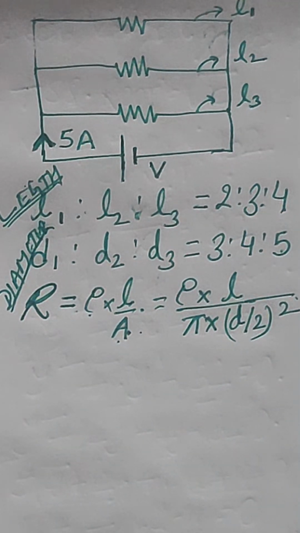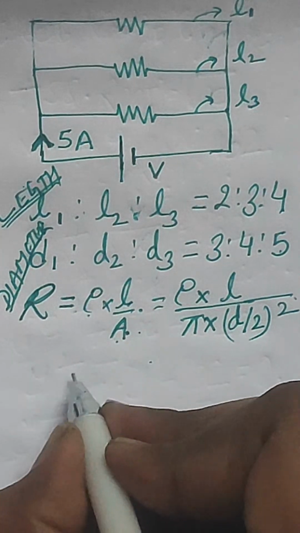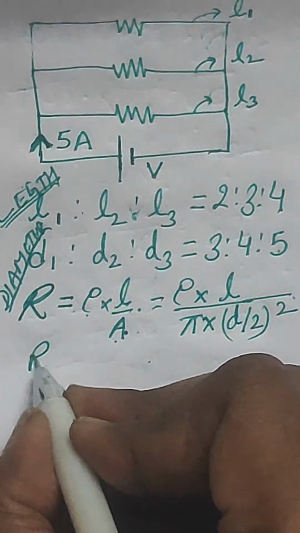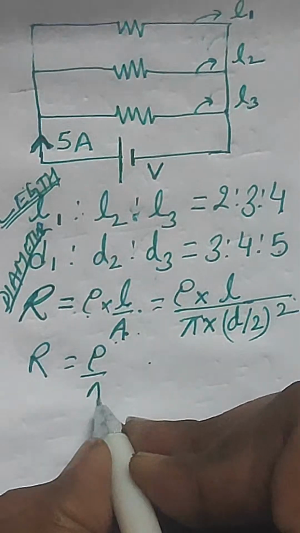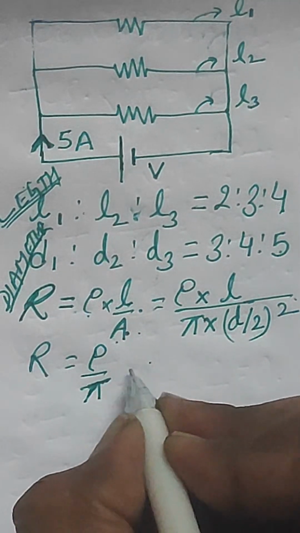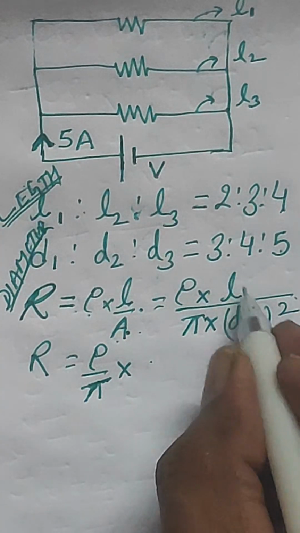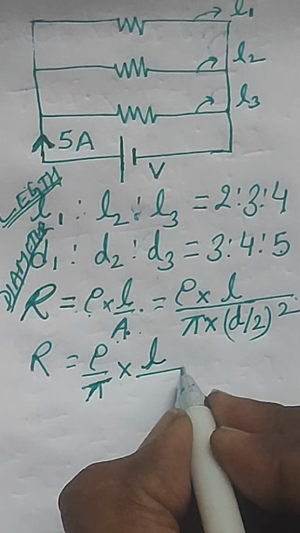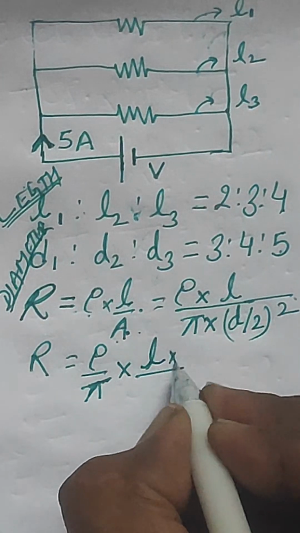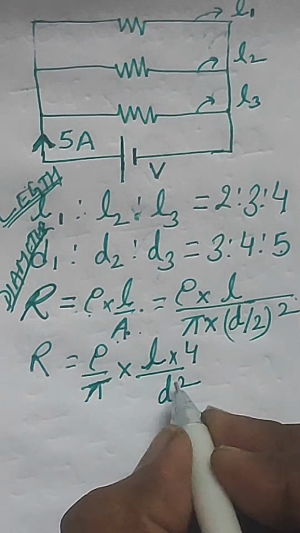So we can write this resistance as rho by pi multiplied by L into 4 by d square.